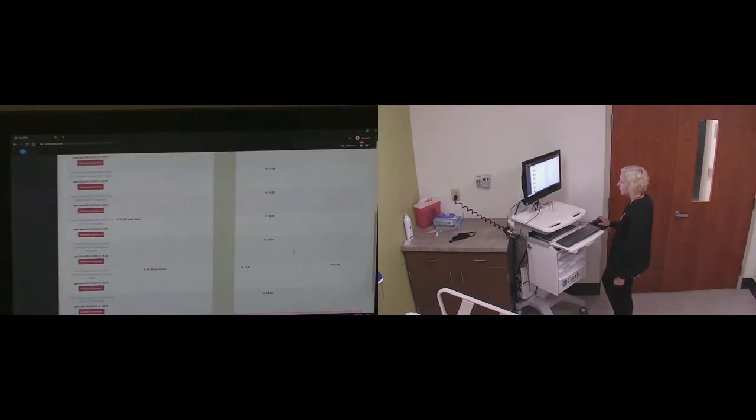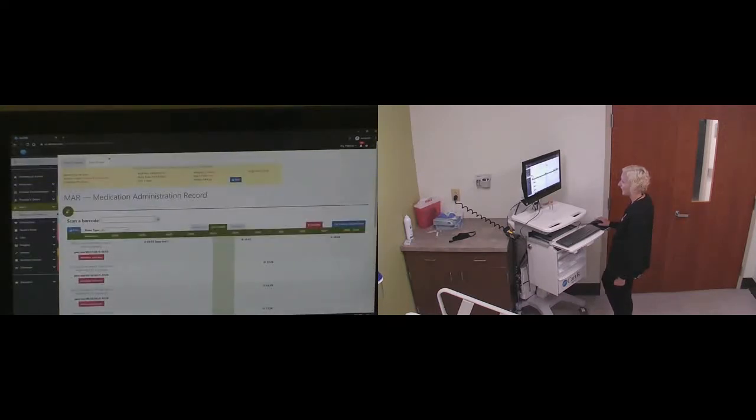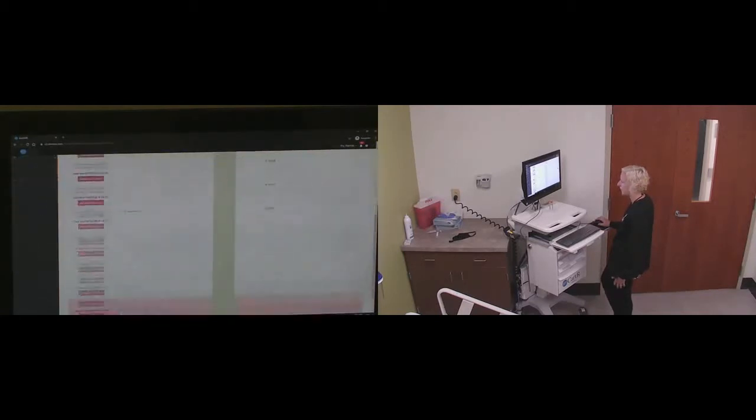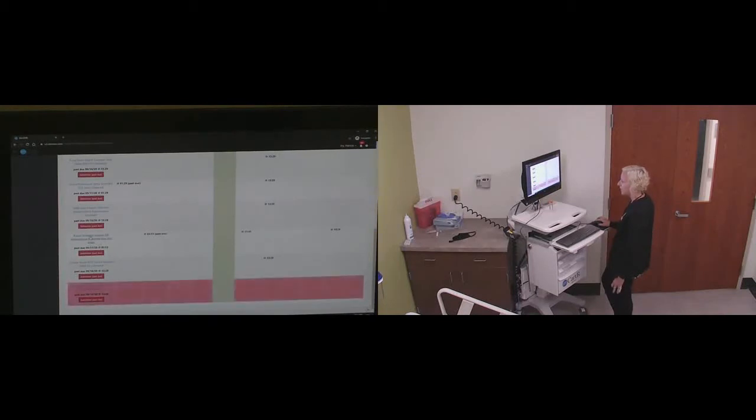And then I'm going to do my first check of my second med. So again, I have Jean Bray, date of birth 8/12/59. She has an allergy to codeine. And she has Humalog insulin, 4 units to be given subcutaneously, scheduled to be given with meals, and so that's due now as well.